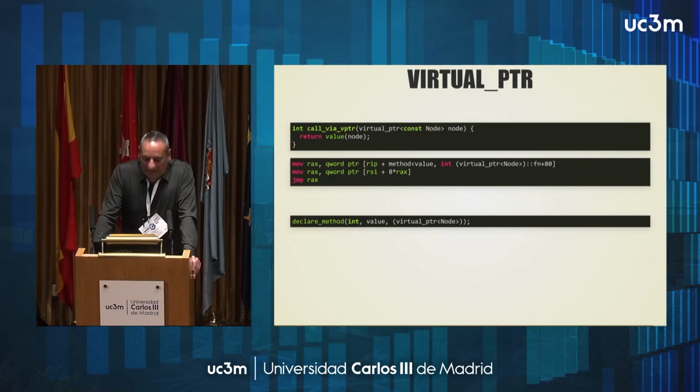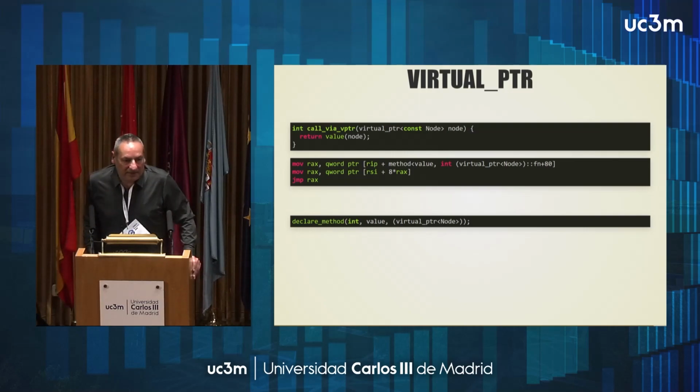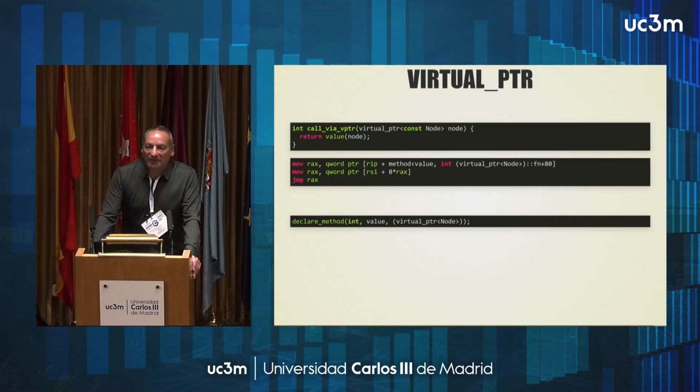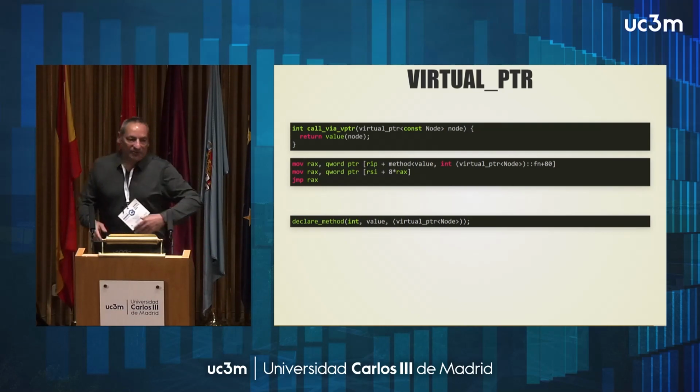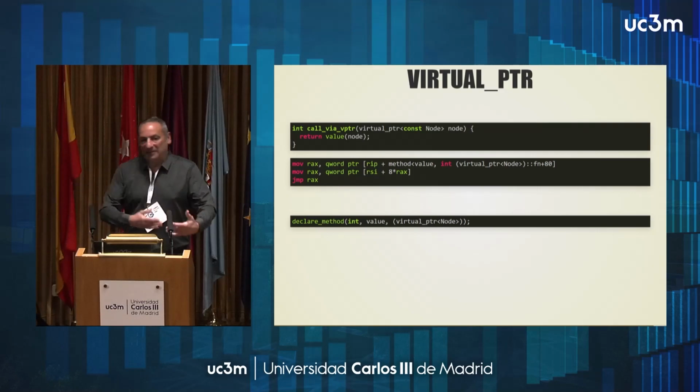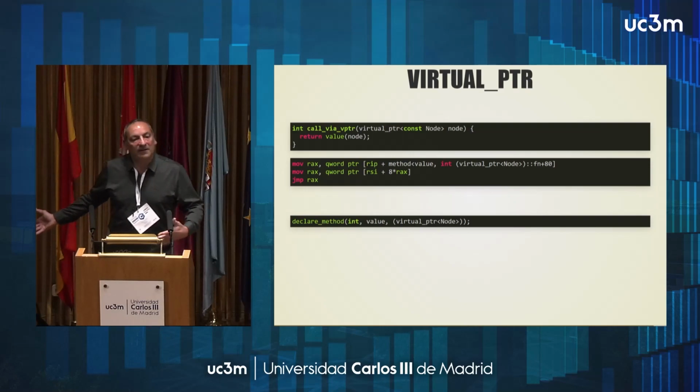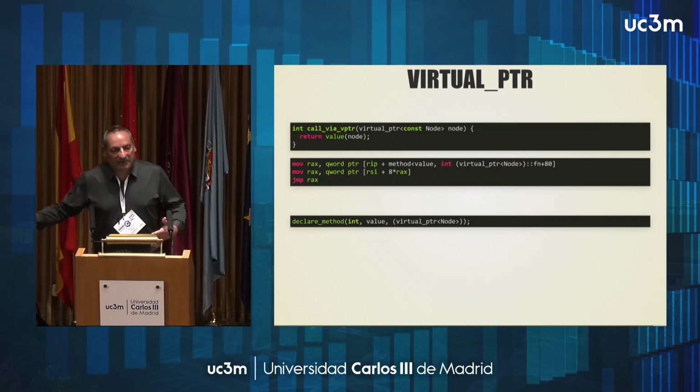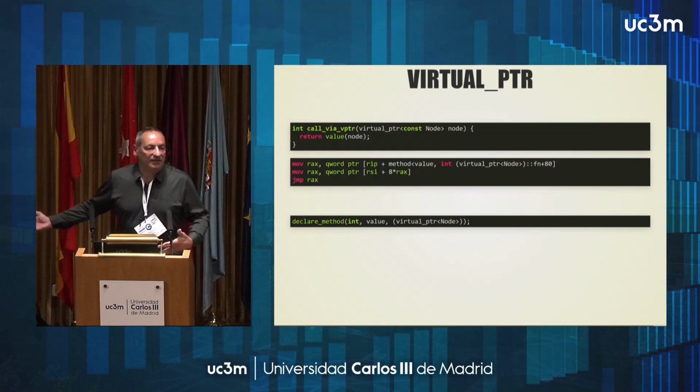Moreover, when you declare a method, you can also declare it as not taking a virtual argument by reference, but by a virtual_ptr by value, which means that often when you call a virtual function or a method, the body is going to itself call more virtual functions. So you can reuse that cached pointer several times.